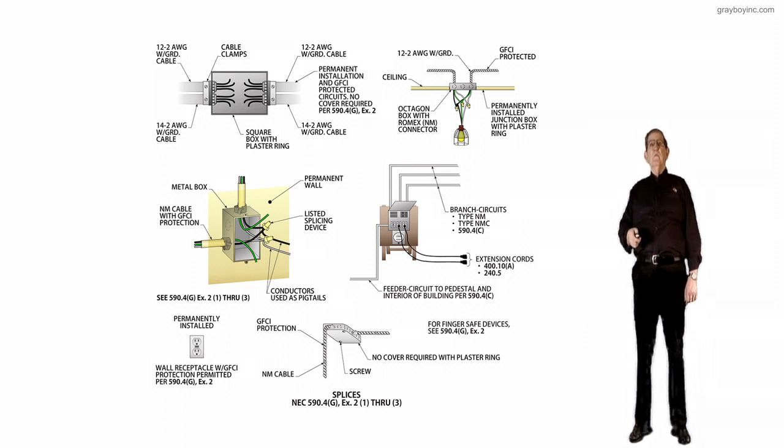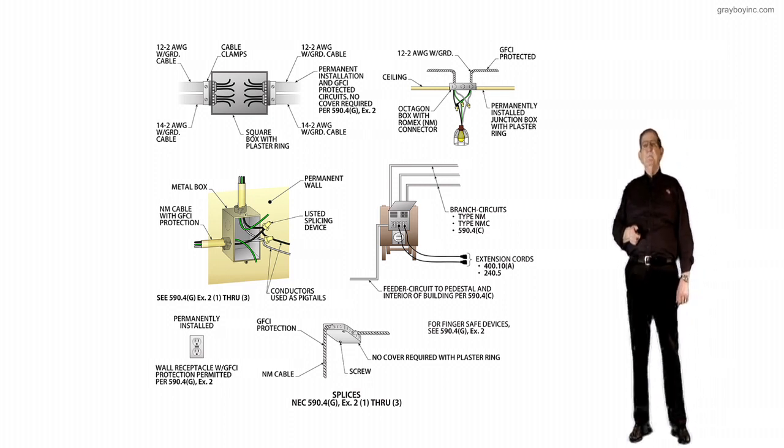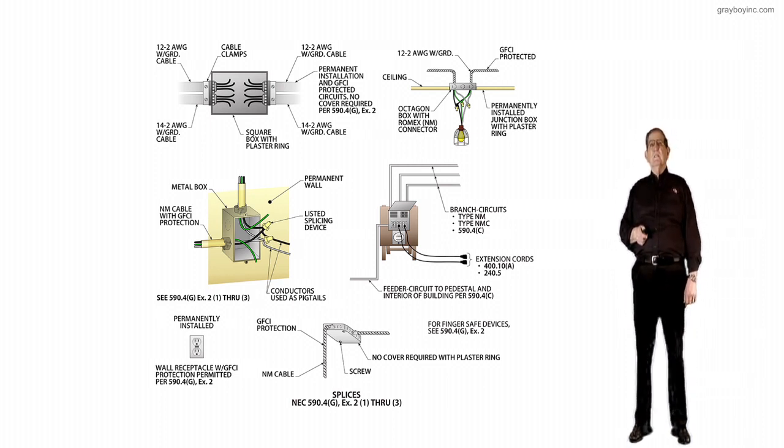Now notice the one at the bottom. We have a permanent wall. We have listed splicing devices here, Scotchlocks, Buchanans, whatever type of connector you're using there for that splice. And notice GFCI protection would be required. It's a metal box.